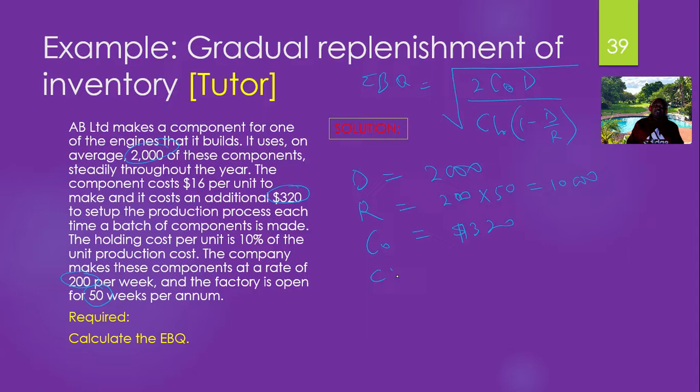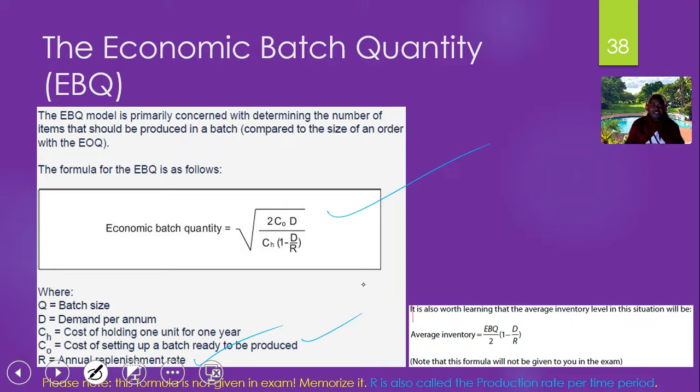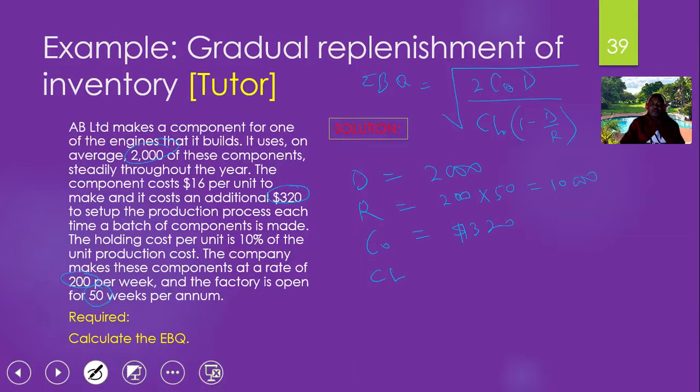What about the CH? What is CH? CH is the cost of holding one unit for 1 year. CH was never modified from the original EOQ formula. So CH, the cost of holding one unit, is given in our scenario.